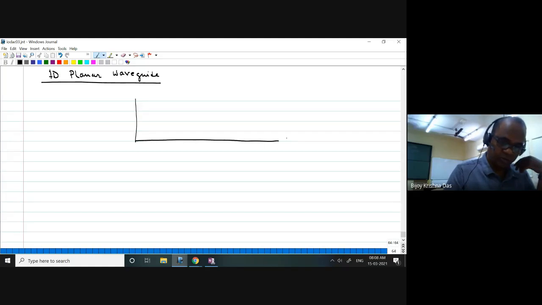This is the Z direction, and this is your X, this is your Y, and you have your substrate NS, and then core NF film, and say cover NC.